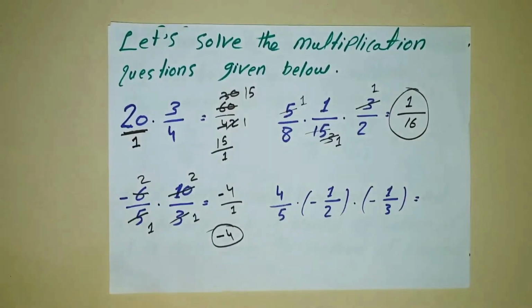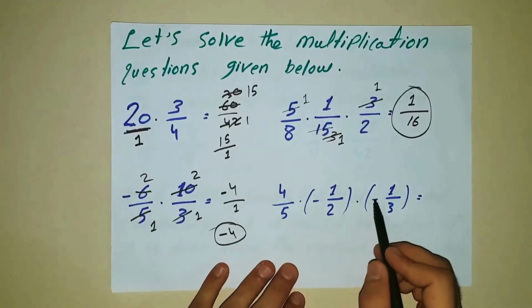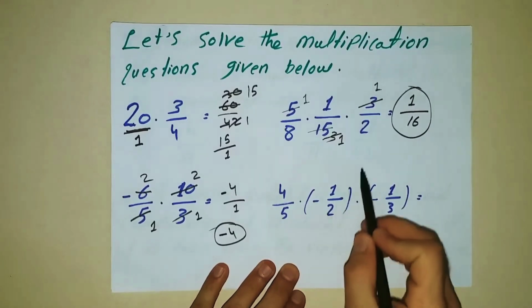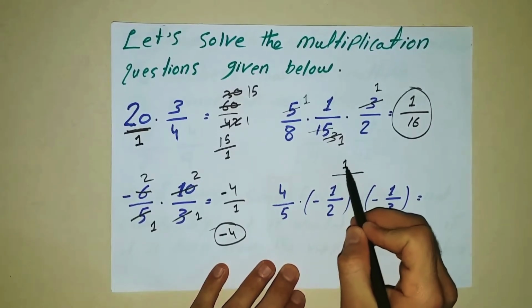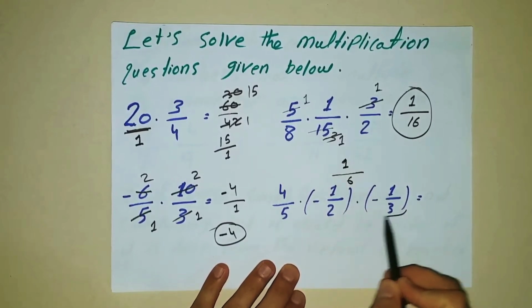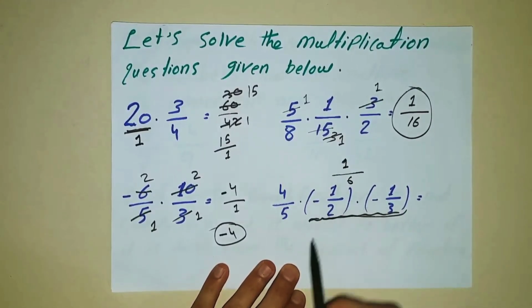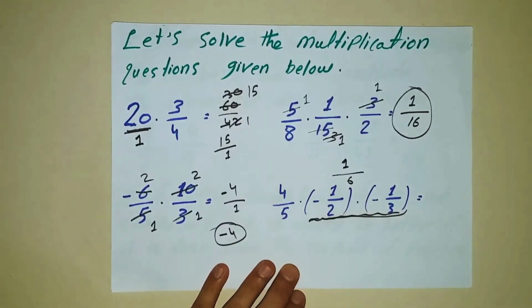In this question there are also 3 fractions. So first I have to solve this one because they both are negative. Negative and negative will give me positive, and 3 multiplied by 2 will give me 6, and 1 multiplied by 1 will give me 1. So these both brackets will give me 1 by 6, and this minus will give me positive.